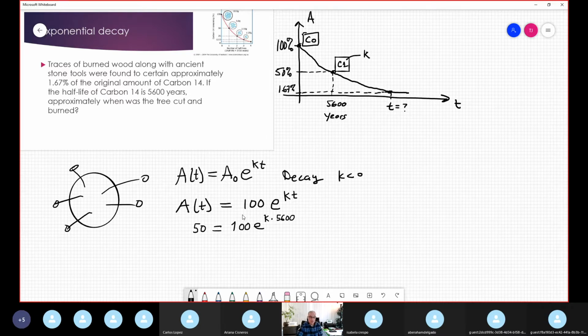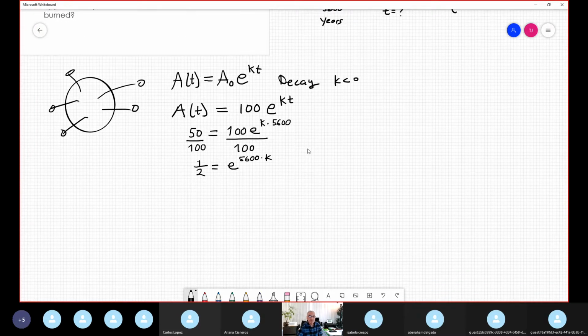Dividing by 100, obviously 50 divided by 100 is 1/2, or 0.5, either way, equal to e to the 5600 times k. One more time, you apply the logarithm to both sides. Of course, natural, because the base is e.